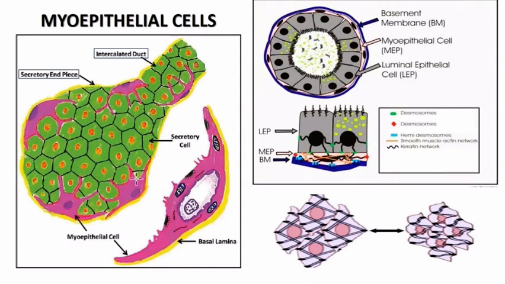The main function is contraction, which prevents distension of the end pieces during secretion, as we need to increase the intraluminal pressure. These cells contract to drive the flow of saliva out of the secretory units.